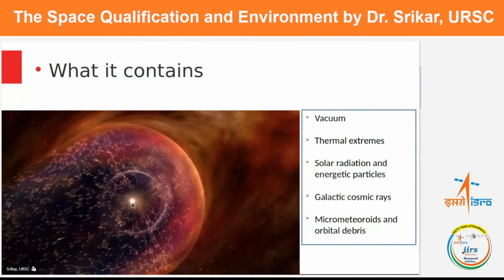At the center is the sun, and as the sun plows through the galaxy, there is a huge shock formation, and a lot of plasma and magnetic field environment exists. That part is called the heliosphere, and it is the entity we understand as the space that we know of.